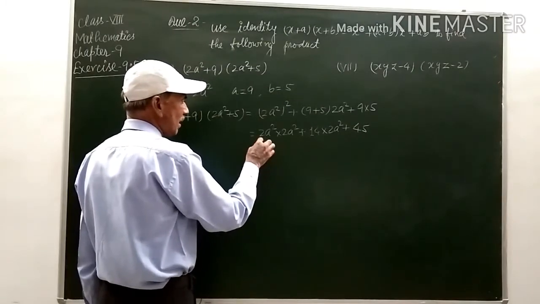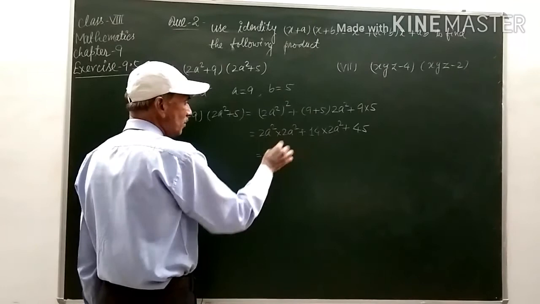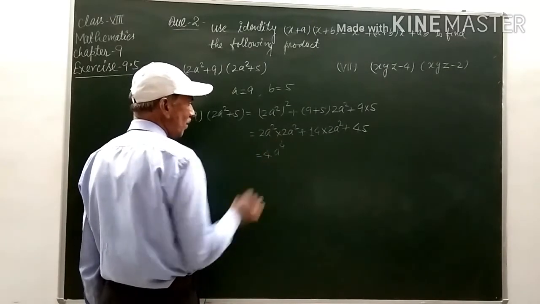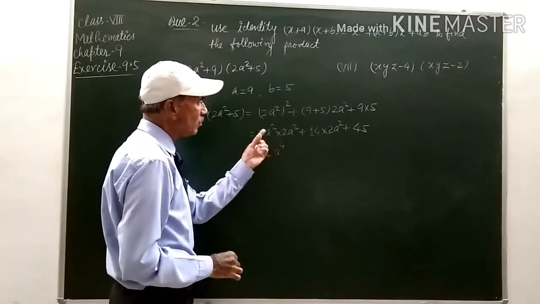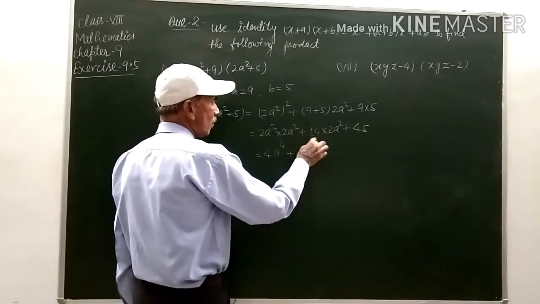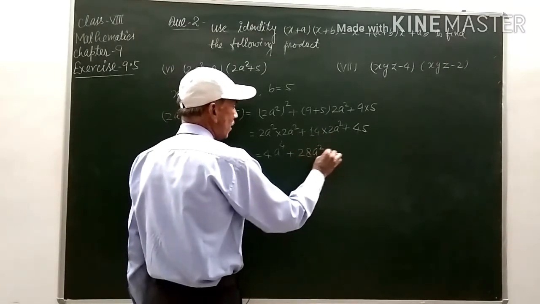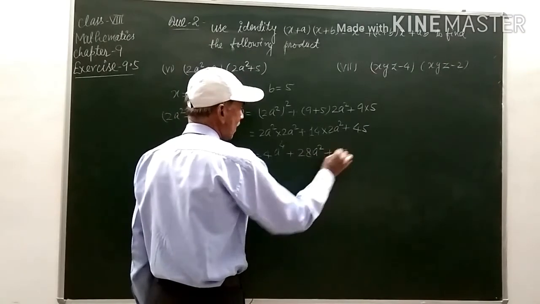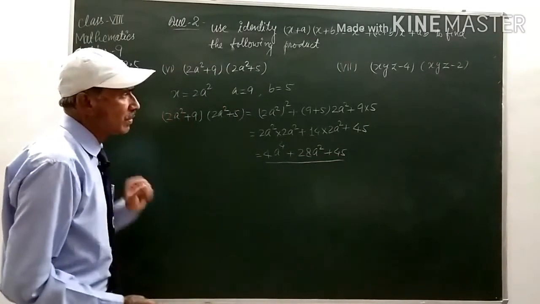And this one will be 2 2s are 4, a² into a², that is a⁴. Students, when the bases are equal, their exponents add up. Plus 14 2s are 28, a², plus 45. This is the solution of the sixth part of the question.